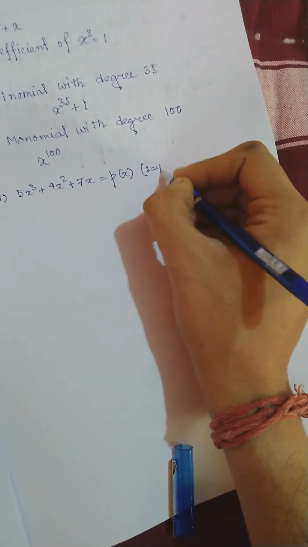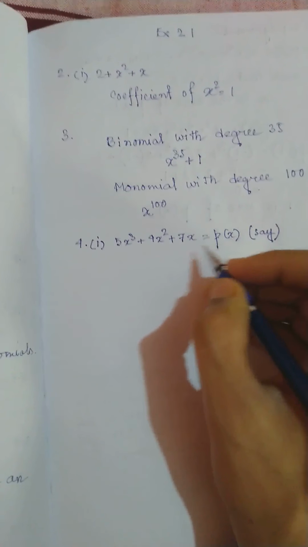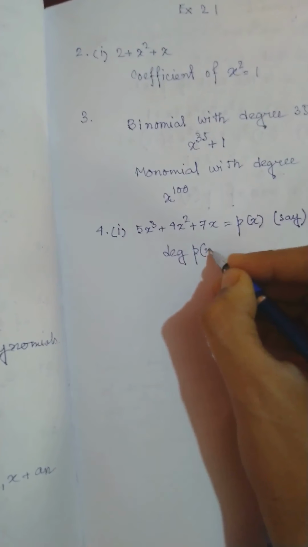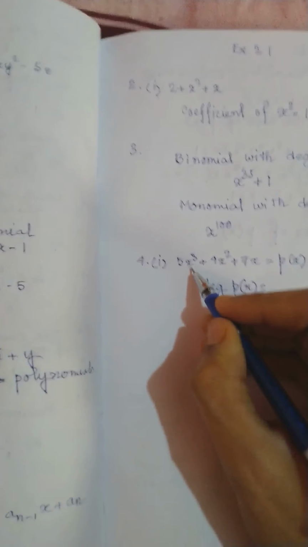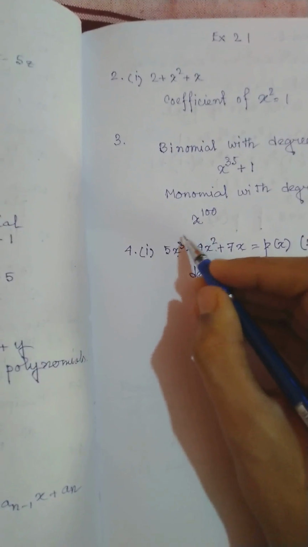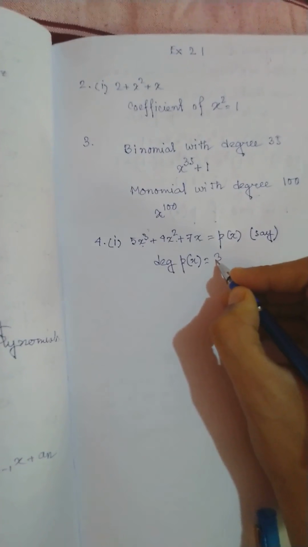We assume that this polynomial is denoted by p(x). So the degree of p(x) is, here the terms are x cube, x square and x. So the highest power is 3. So the degree of p(x) is 3.